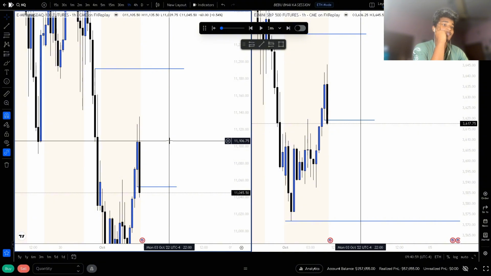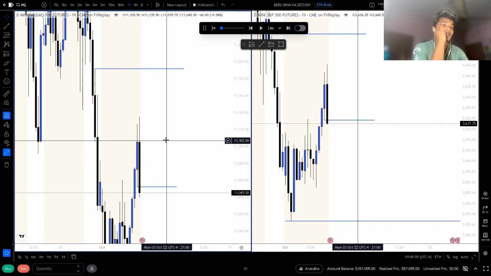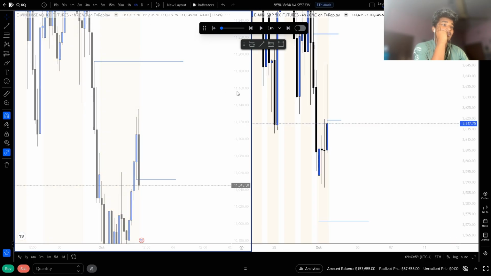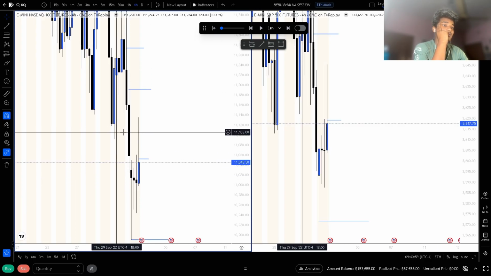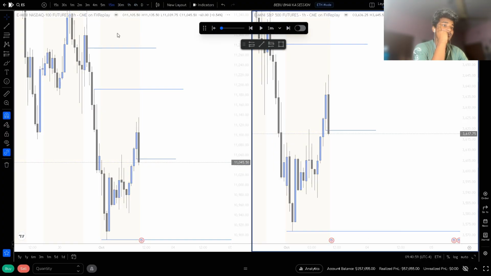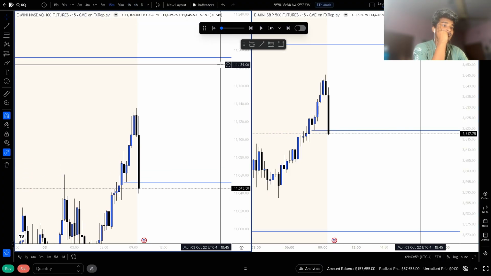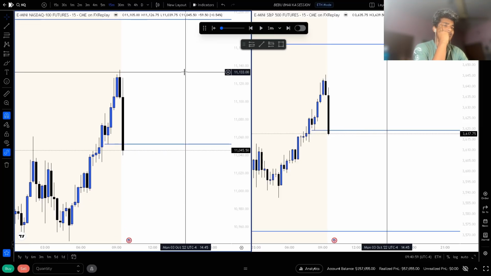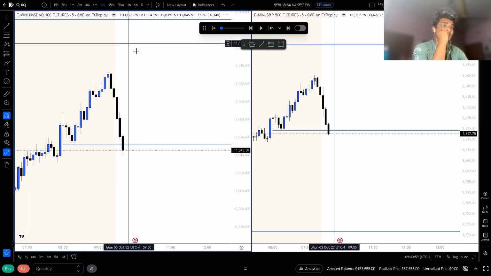We are rejecting off from this gap as well. In the 4 hour we are also rejecting off from here, so the market seems to be more bearish now, and let's see if I can take any high probability continuation shots from here.